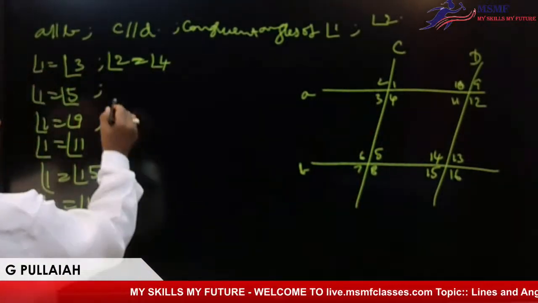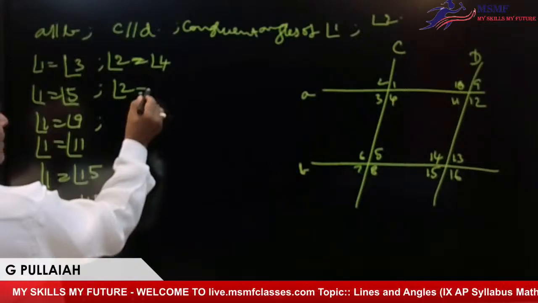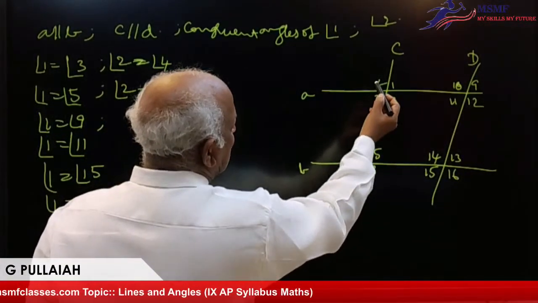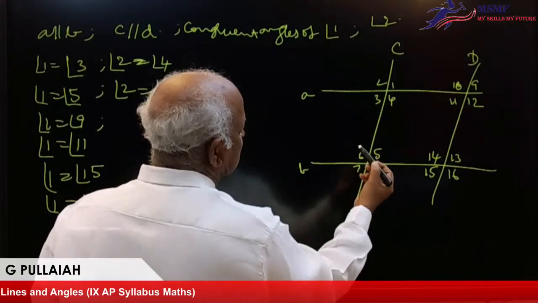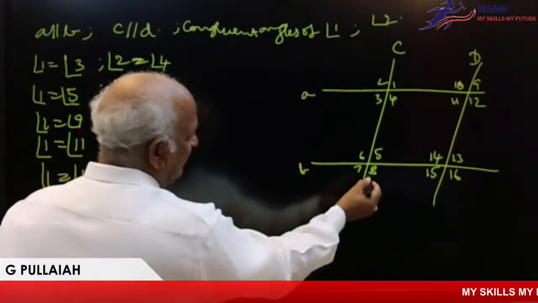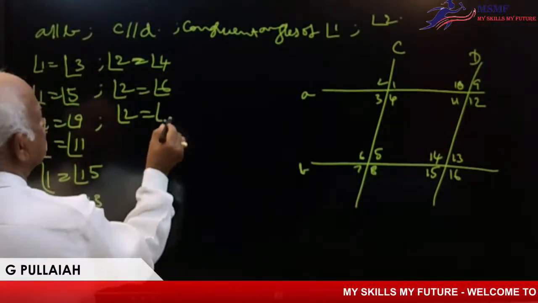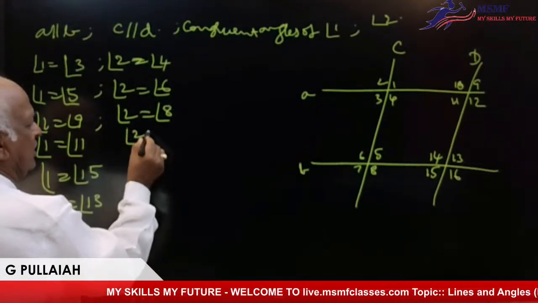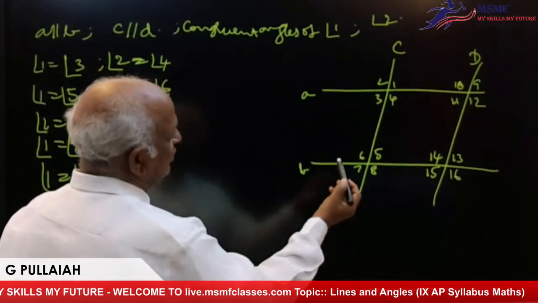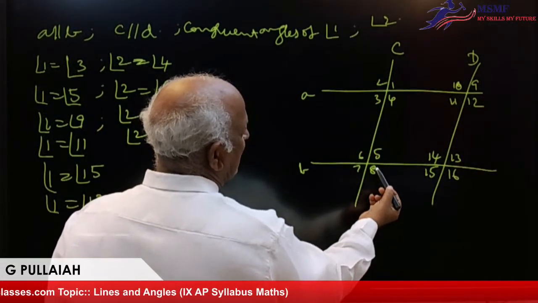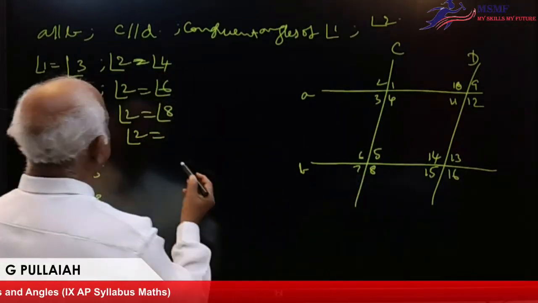Again you can take angle 2 is equal to angle 6, angle 2 is equal to angle 4, angle 4 is equal to angle 6, and angle 6 is equal to angle 8. Again you can say angle 2 is equal to angle 8, thereby angle 8 is equal to angle 4.